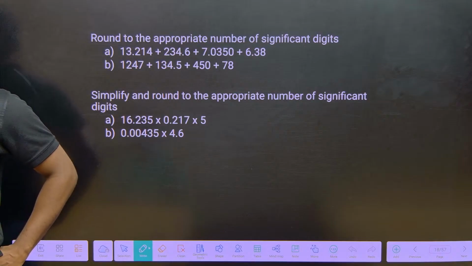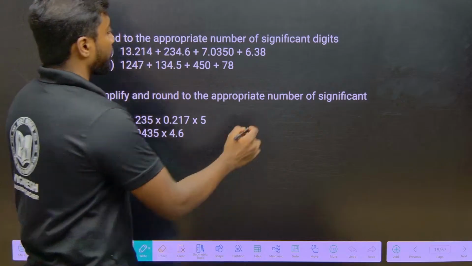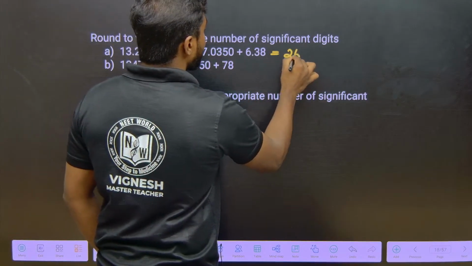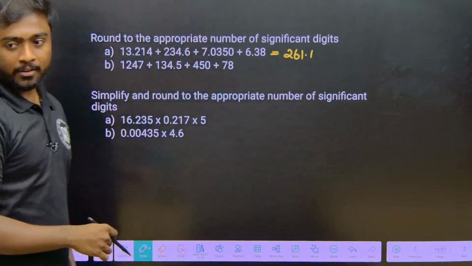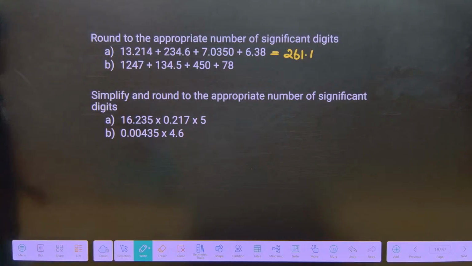First one is 261.1. That's the correct answer. Check it once.